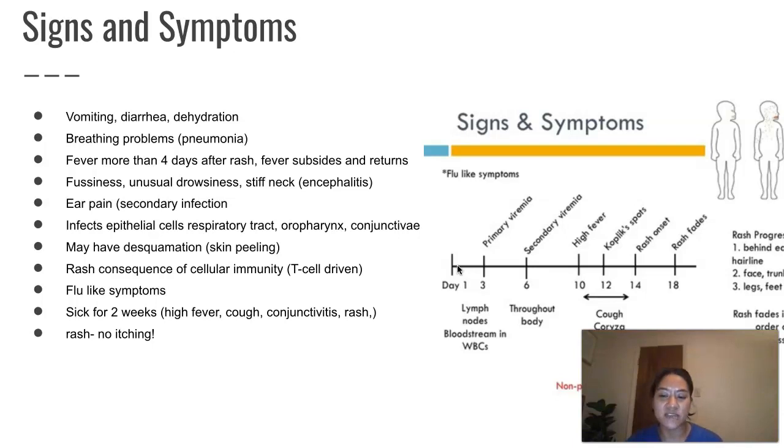It infects the epithelial cells, respiratory tract, oropharynx, and conjunctivae. Fever may last more than 4 days after the rash, or subside and then return. It can also cause breathing problems. The rash may be itchy in some, but in most it is not itchy. The symptoms may last for 2 weeks.